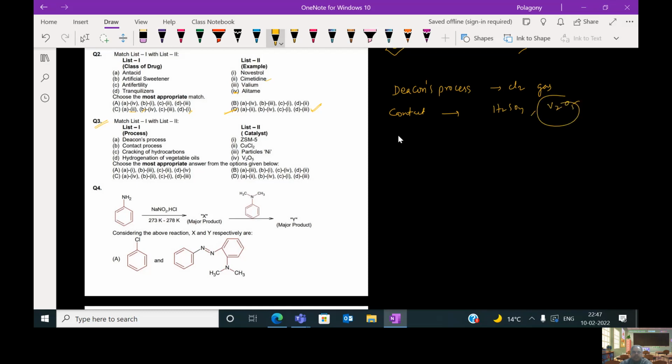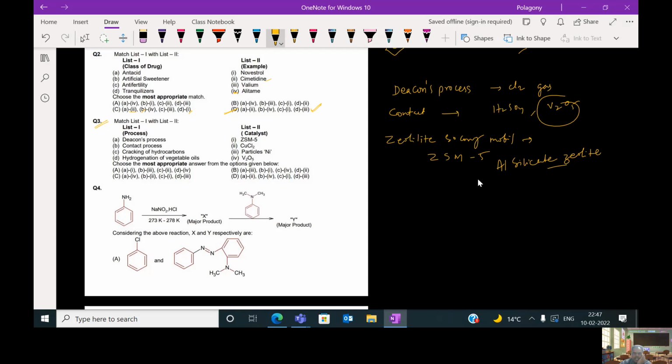Next, for cracking of hydrocarbons, we use zeolite, the Socony Mobil catalyst ZSM-5. It is an aluminium silicate zeolite.